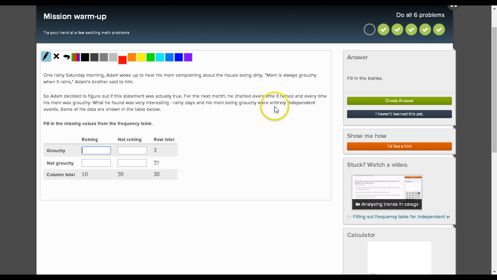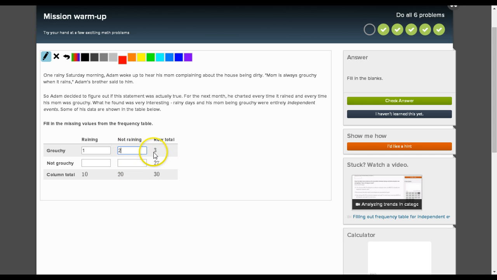And if it's an independent event, whether or not it's raining does not influence it. So I would say 1 out of 10 is an equivalent ratio as 3 out of 30, and therefore this would have to be 2 out of 20. So the ratio 1/10 is equal to 3/30, and it's equal to 2/20.